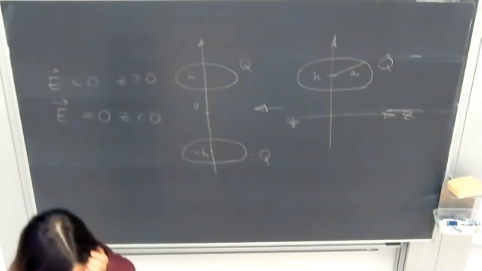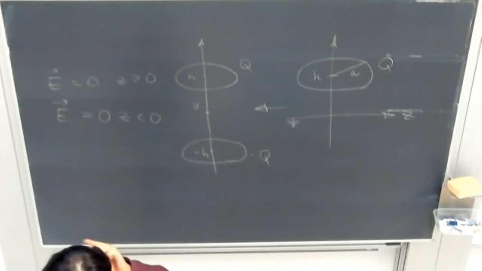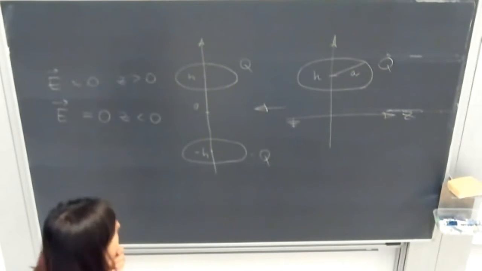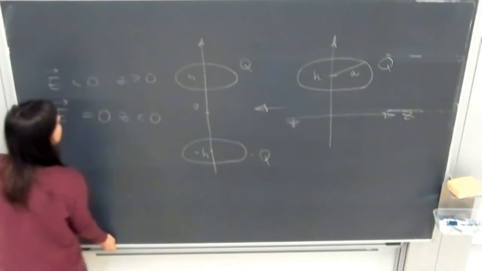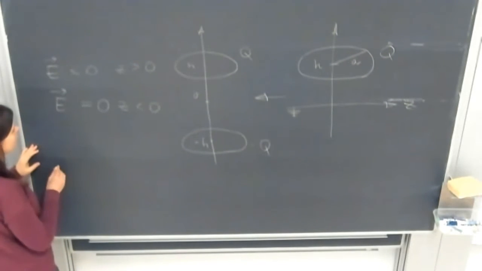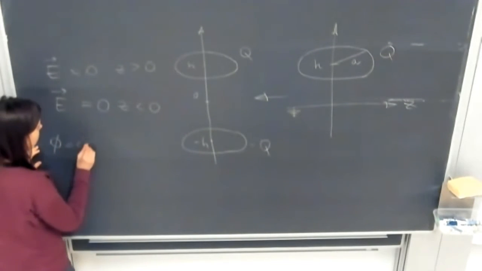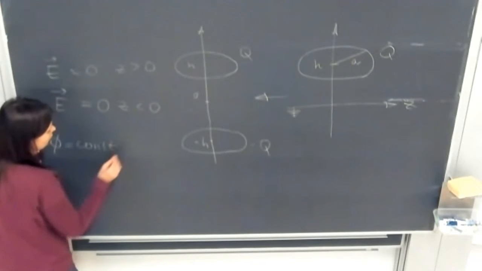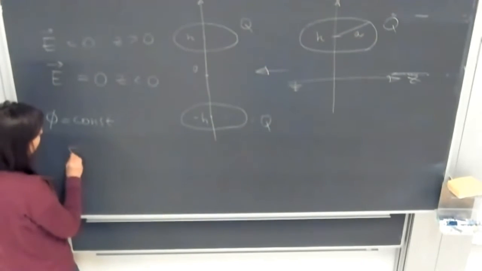And the second question was about potential. So if the electric field is 0, then the potential is constant from the formula.